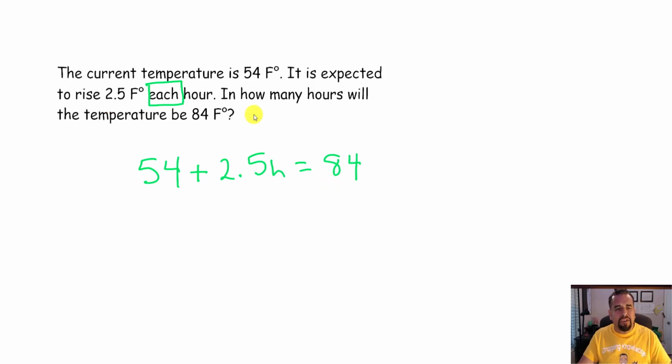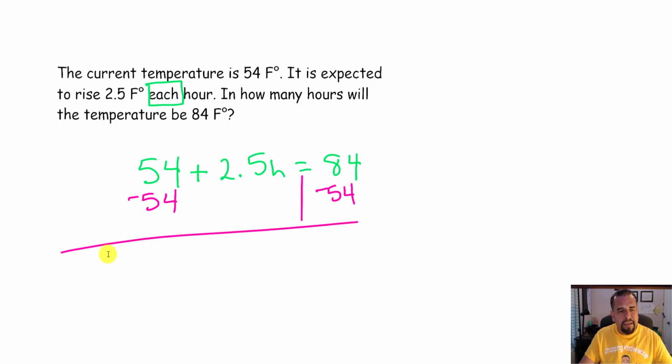Of course, if I was going to solve it, I would subtract 2. Oh, I almost messed up. Getting ahead of myself, but that's okay. We corrected our mistake. Minus 54 here, minus 54 here. This is my equal sign here. So here, I create my 0. I got 2.5h equals 30.